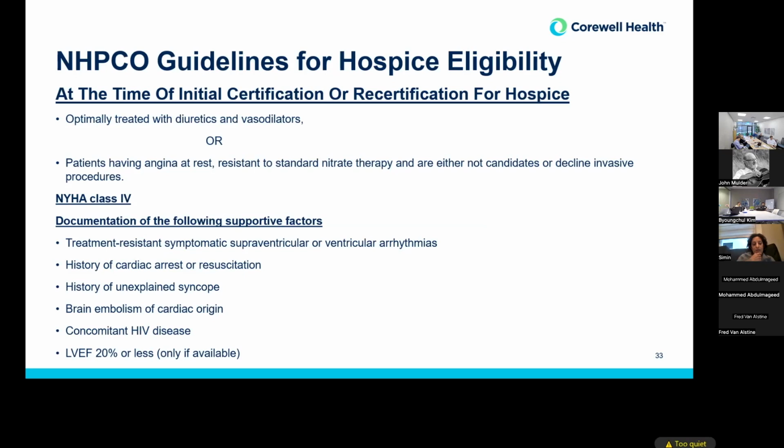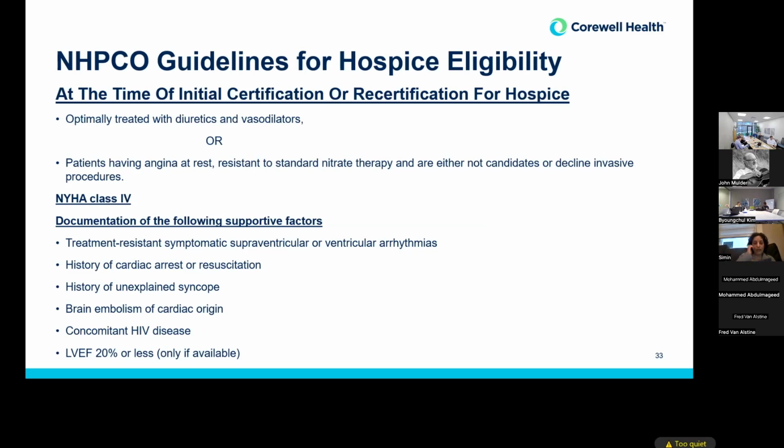The patient should be a class 4 and be optimally treated, or have symptoms at rest, like chest pain, or they can't tolerate nitrate therapy, and they're declining or not a candidate for procedure.